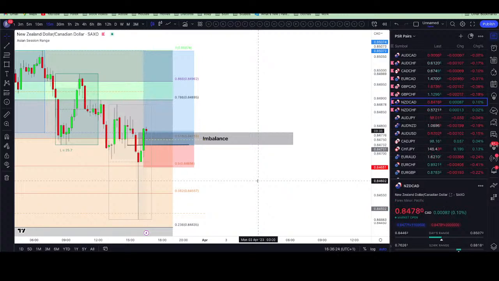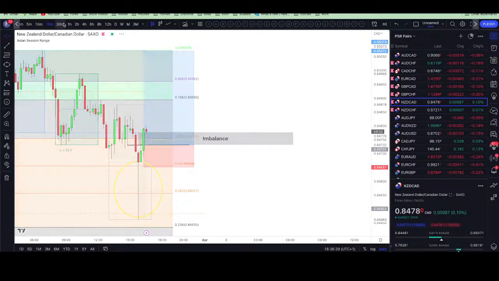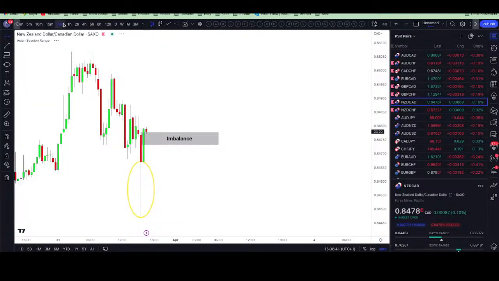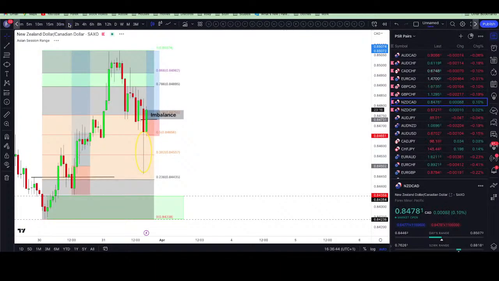Let's see. That wick at the bottom's nasty though, because they could do a liquidity grab for this. So you have to be careful in this trade. If this trade is going to lose, they're going to go for a liquidity grab here. That's a very nasty wick. Let's see what time frames this is on. Oh, it's a 30-minute liquidity. It's a 1-hour liquidity.